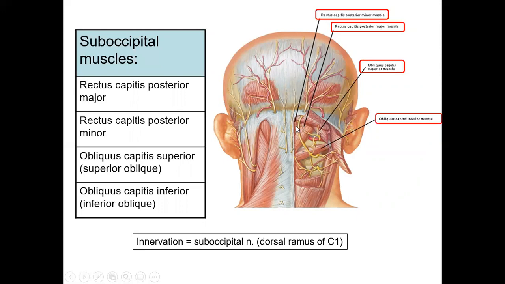We have the rectus capitis posterior minor muscle, the rectus capitis posterior major muscle, the obliquus capitis superior muscle, and also the obliquus capitis inferior muscle. So these are the suboccipital muscles, the deep muscle layer that you can see whenever you remove these 2 muscles.